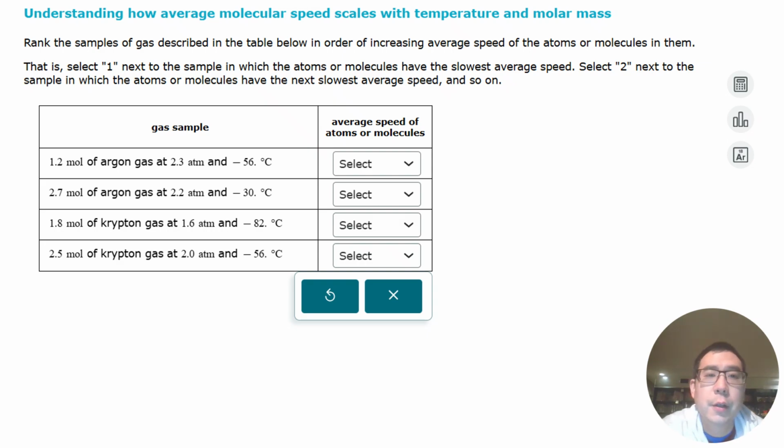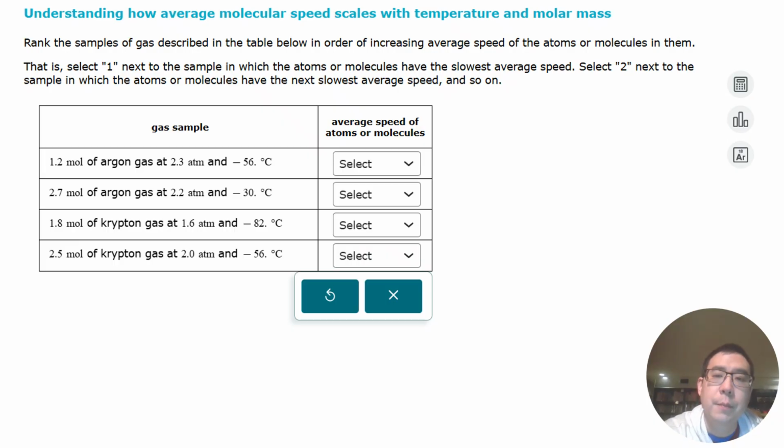This question asks how the average molecular speed scales with temperature and molar mass. Average molecular speed is different from the last slide, which asked about average kinetic energy. Average kinetic energy, as we saw, only depends on temperature, but speed scales with both temperature and molar mass.